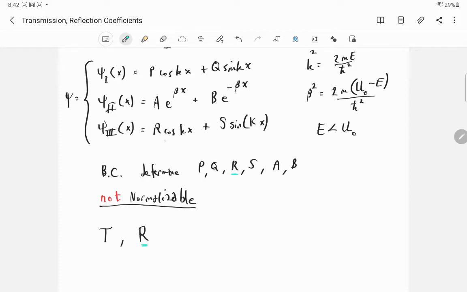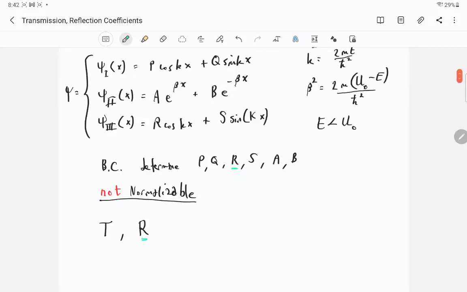I was just reaching for letters, and P, Q, R, and S were just a convenient list of letters I didn't think would clash with something physical that we have to calculate later. But I made that mistake.